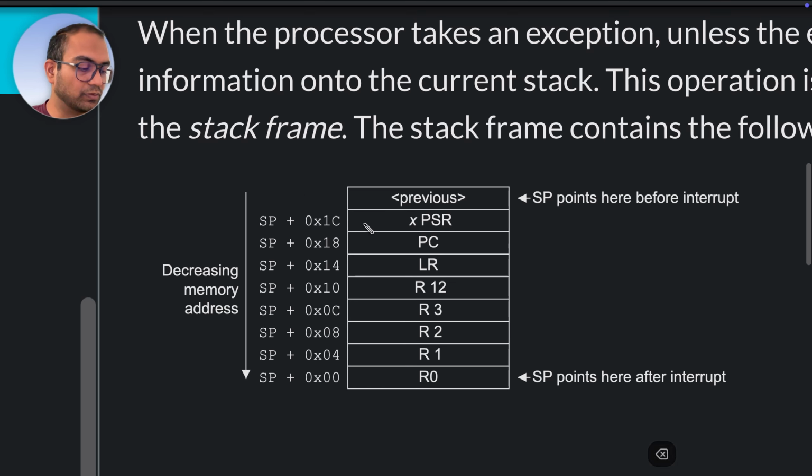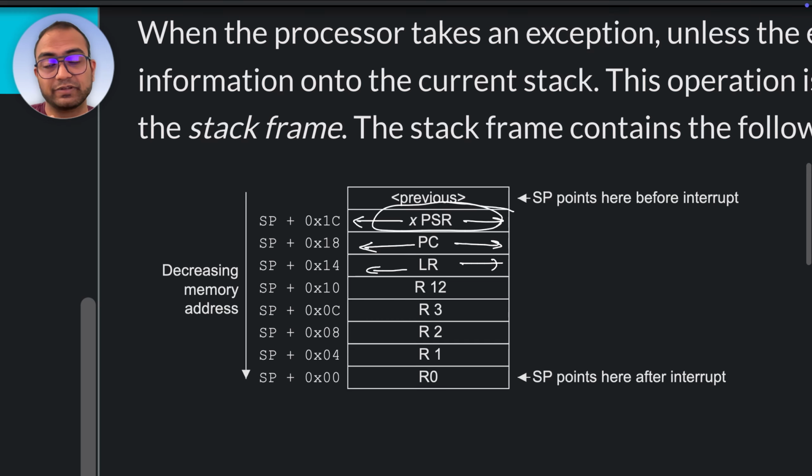What it is going to do is save the CPU registers like so. It is going to save the program status register, which gives us information about what this CPU was doing in terms of calculations: was a negative number generated, was a 0 generated, and so on and so forth. So it's going to save that information here.